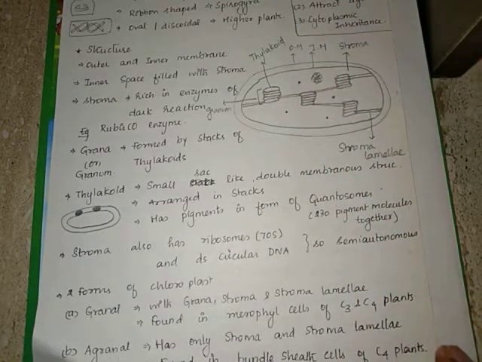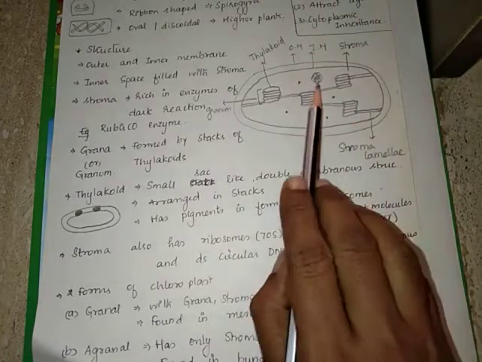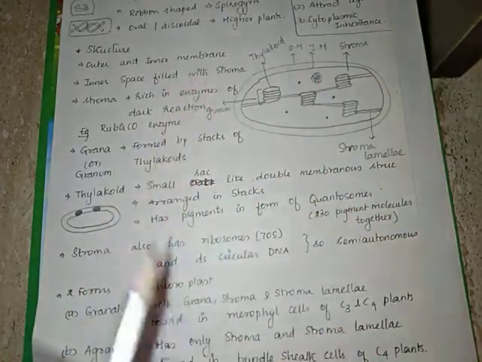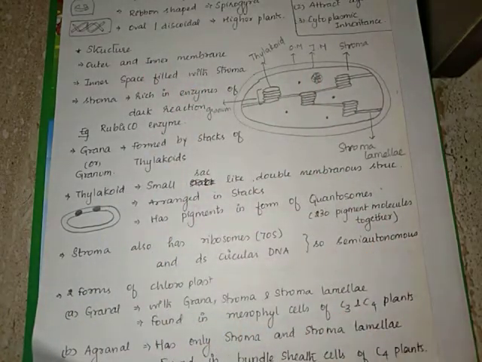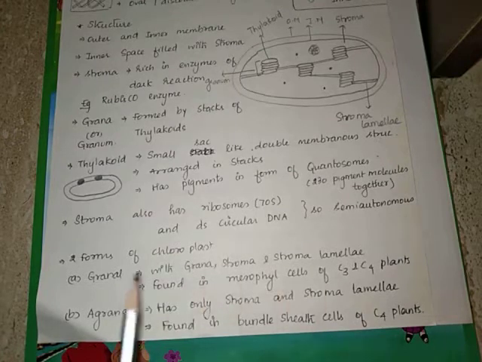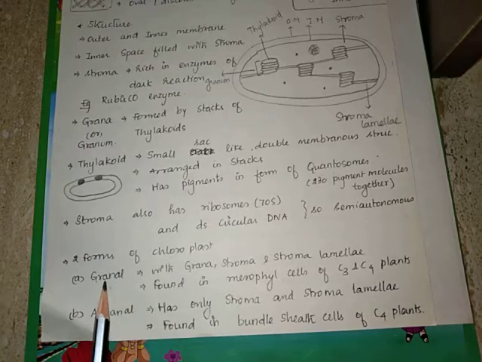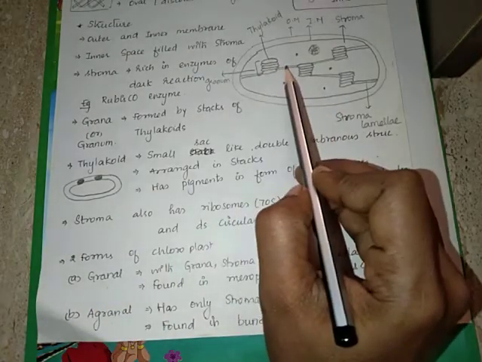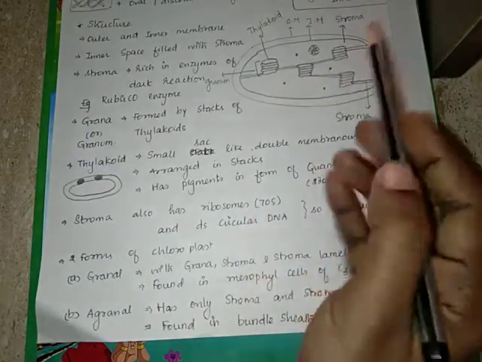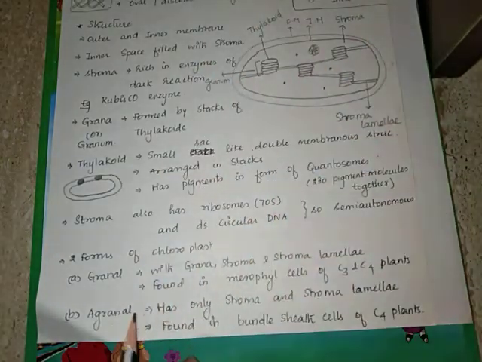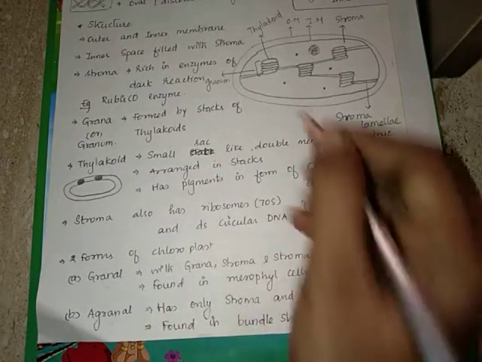Since ribosomes and double stranded circular DNA are present, the chloroplast is also a semi-autonomous organelle. And chloroplasts exist in two forms: one is granal chloroplast, the other is agranal chloroplast. Granal chloroplast will have grana, stroma lamellae and stroma. Agranal chloroplast has only stroma and stroma lamellae.